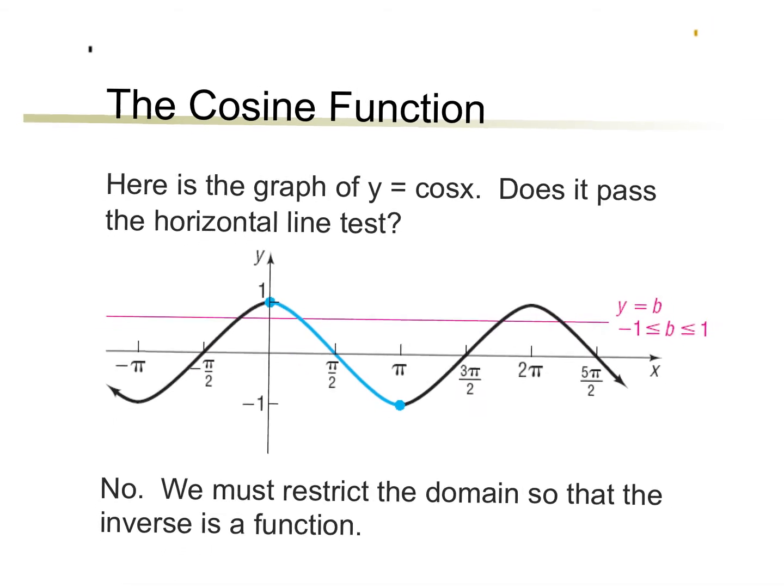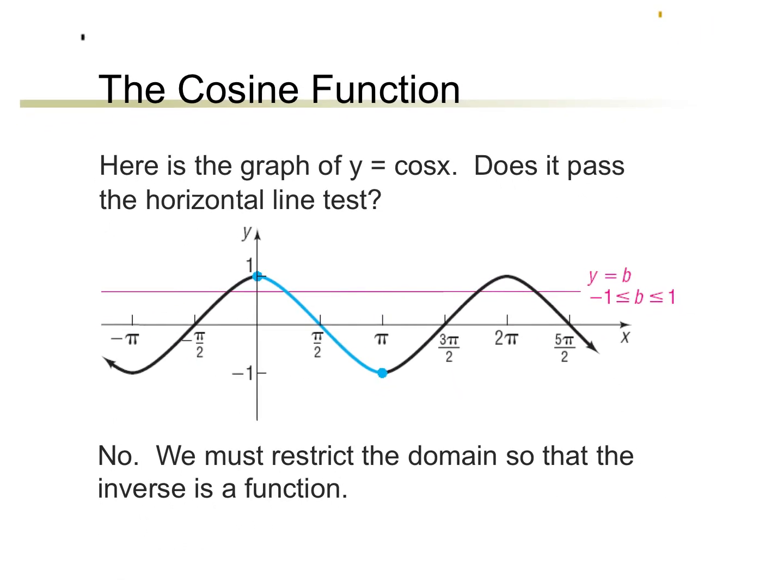Therefore, in order to make an inverse function for our trig functions, we must restrict our domain so that the inverse is a proper function. In this case, for cosine, we're restricting it from 0 to pi, inclusive.